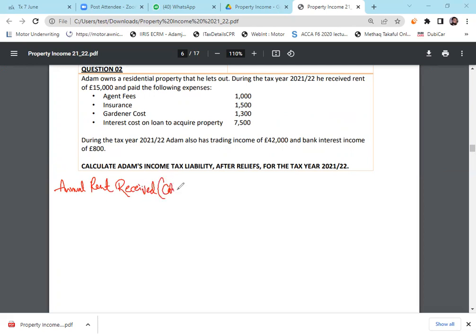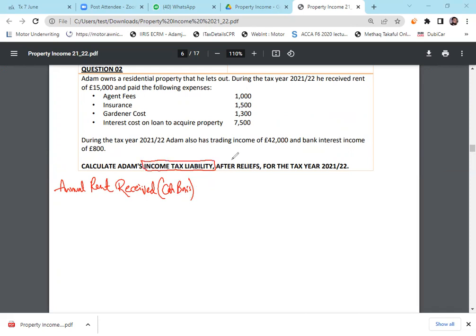Adam also has trading income of £42,000 and bank interest income of £800. Calculate Adam's income tax liability after reliefs for the tax year 2021 to 2022.